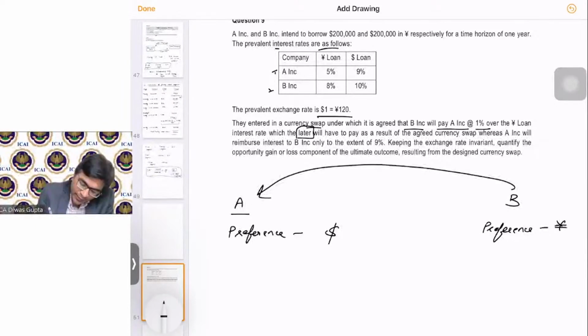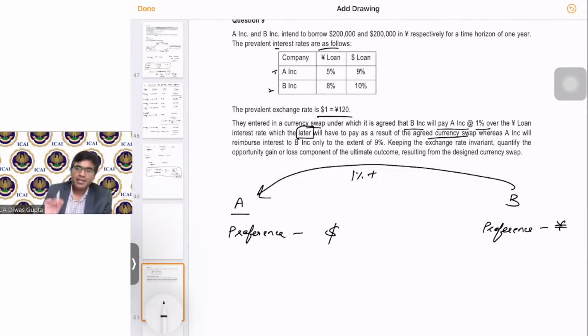Latter here means A. So the arrangement is that B will pay 1% higher than what A is supposed to pay as per the agreed currency swap. Now, what is the agreed currency swap? We don't know till now. But whatever the currency swap is, B will pay to A 1% over and above what A is supposed to pay as a result of the agreed currency swap.